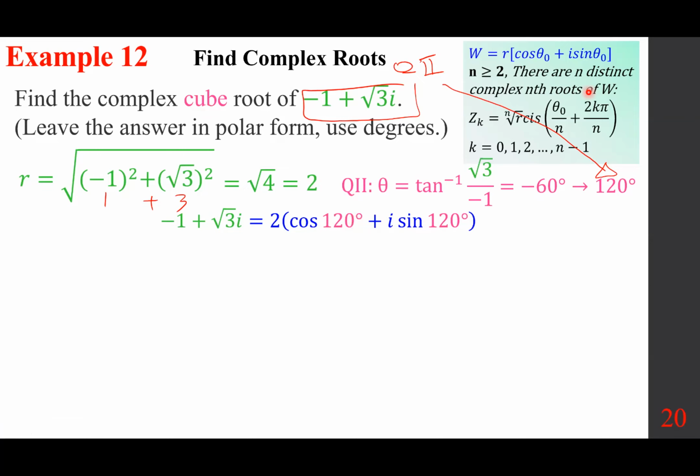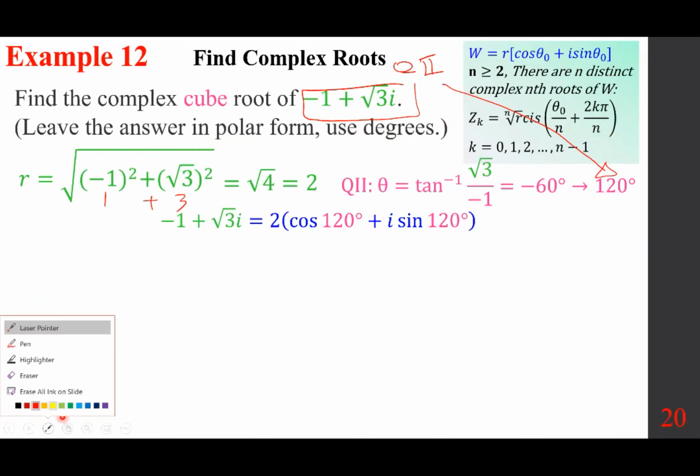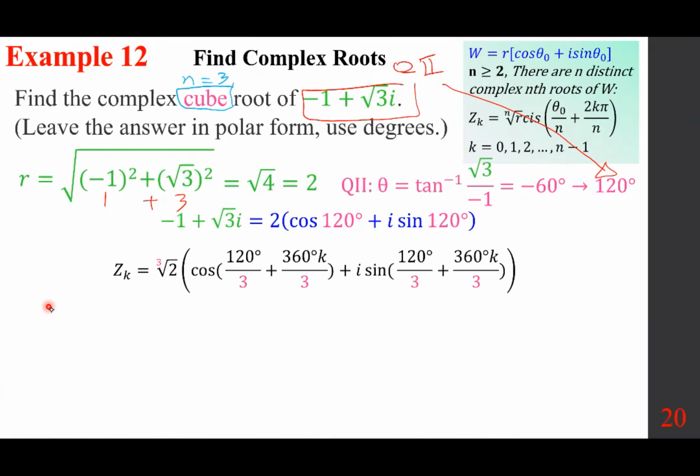Remember, instead of 2 pi, we're going to write 360k divided by 3. Again, n is 3 because it says cube. Let me just write at top of that, this means the third root. So we write it in this form.